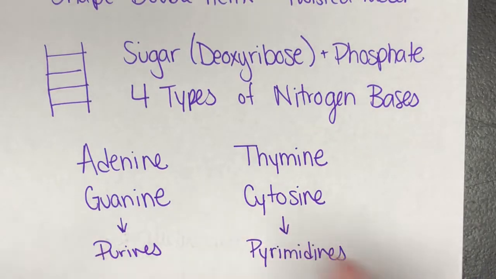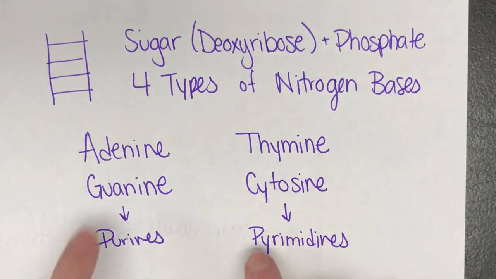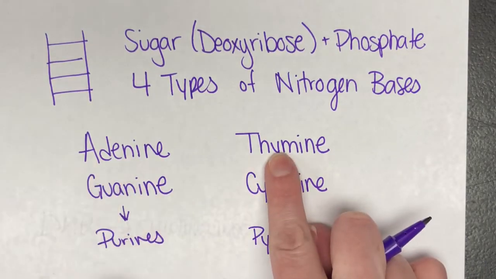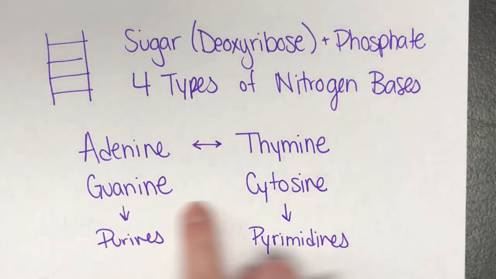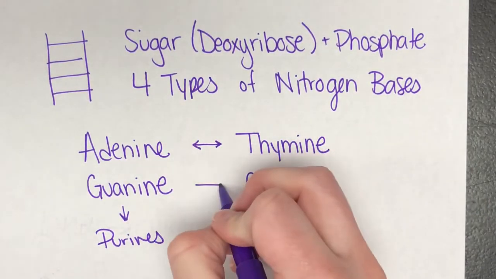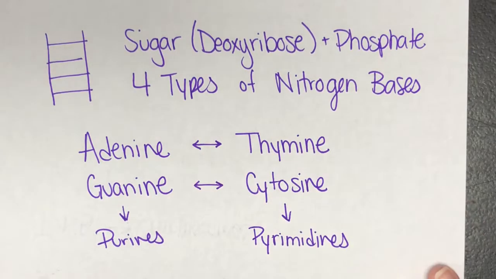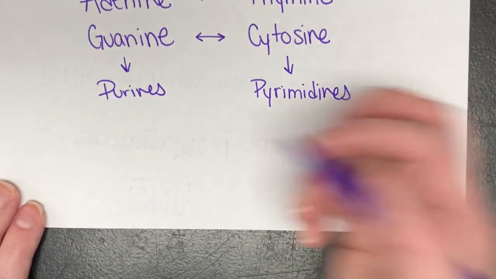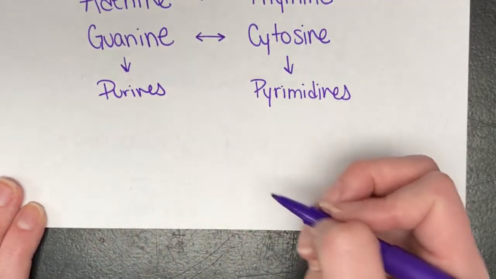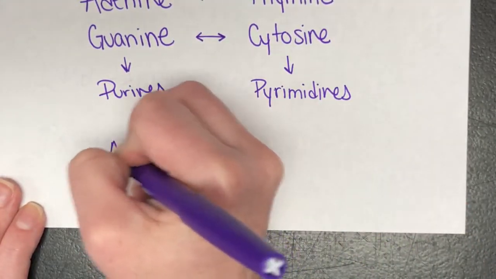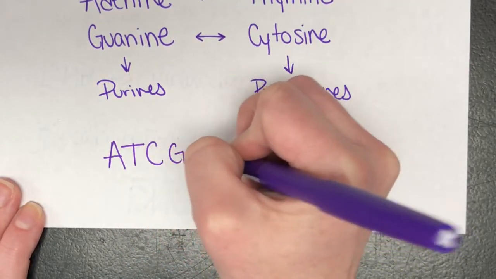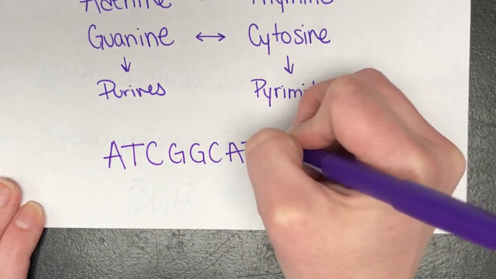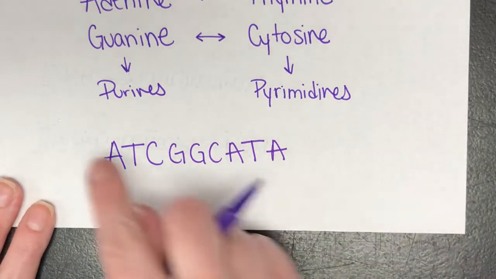Okay, so now, one of the most important things to remember about DNA is that adenine will always bond with thymine, and guanine will always bond with cytosine. So let's do a little example. Say we have a strand of DNA whose pattern is A, T, C, G, G, C, A, T, A. Okay?